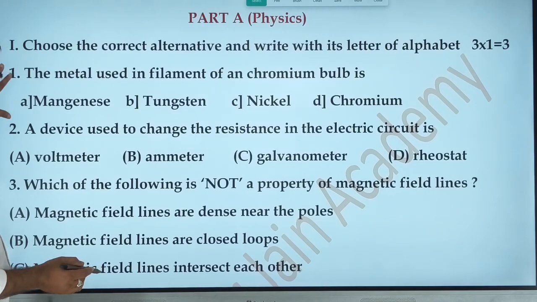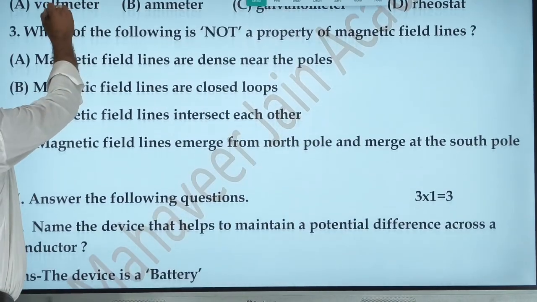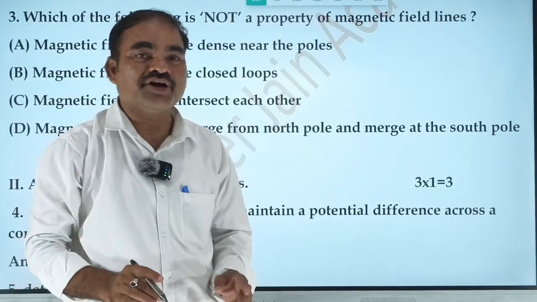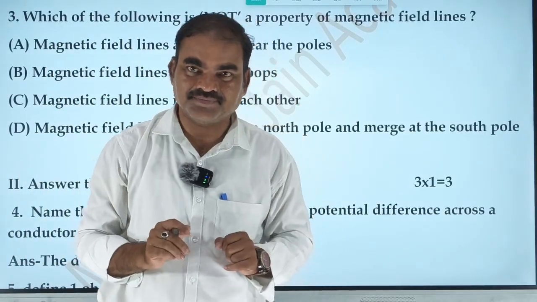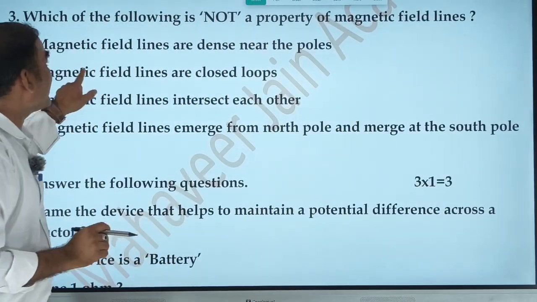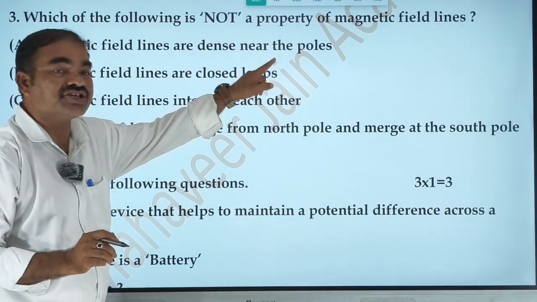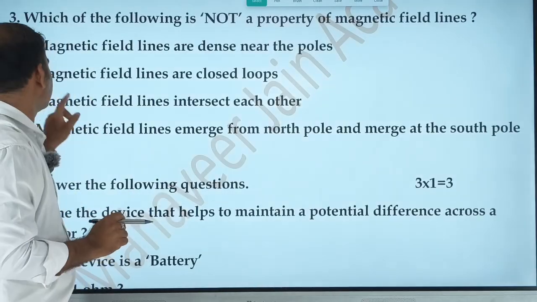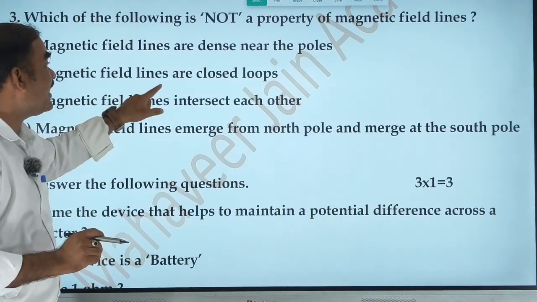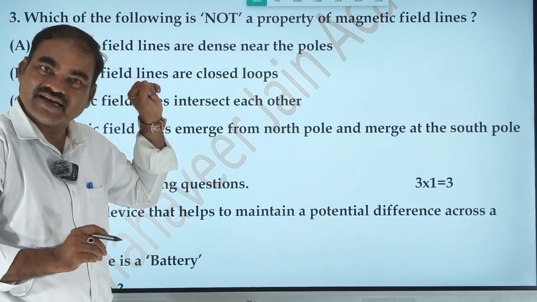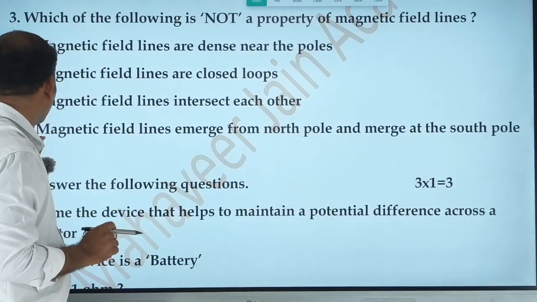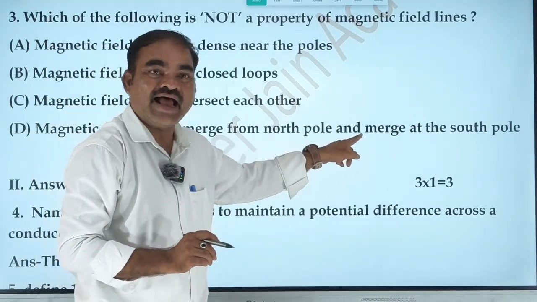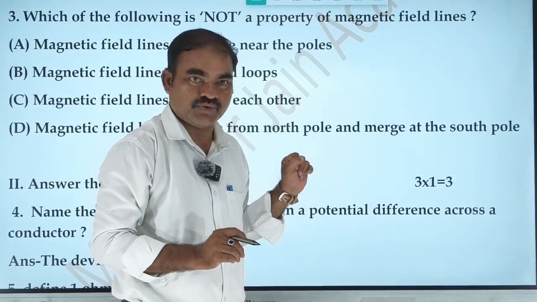Coming to the third question, which of the following is not a property of a magnetic field? First, magnetic field lines are dense near the poles. This is right. Second, magnetic field lines are closed loops. That is also correct. Coming to the last one, magnetic field lines emerge from the north pole and merge at the south pole.